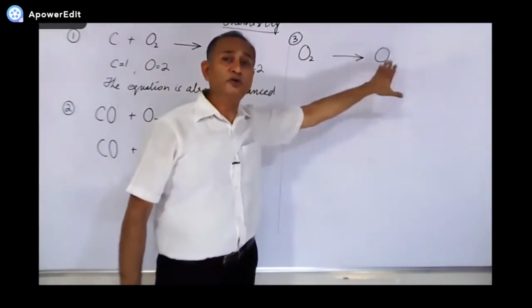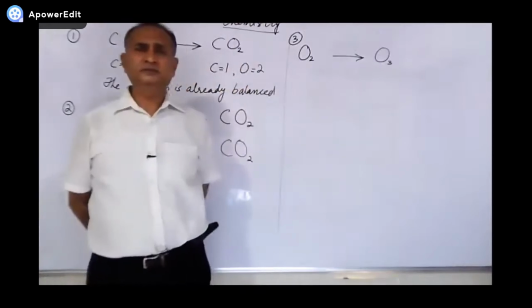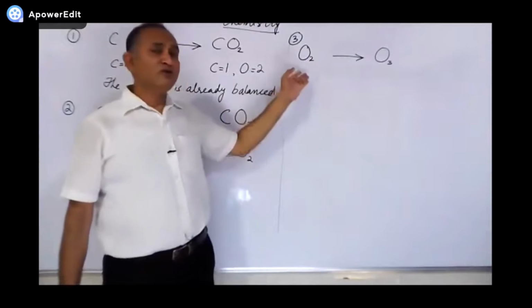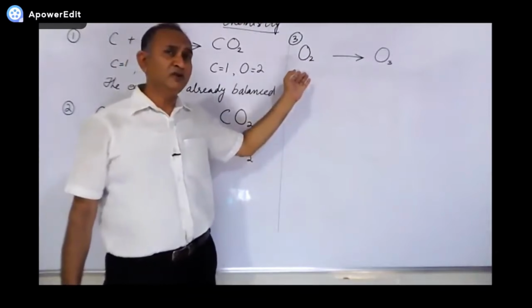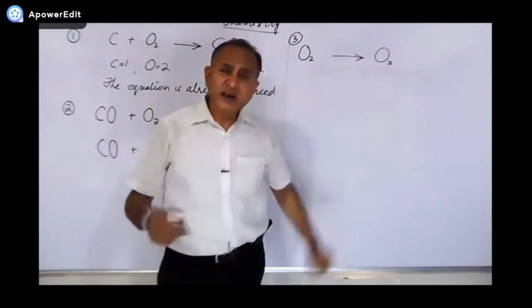O3 is called ozone. Is it a balanced equation? Obviously it's not. We have how many oxygen on the left side? 2. How many oxygen on the right side? 3. Now here comes a point.